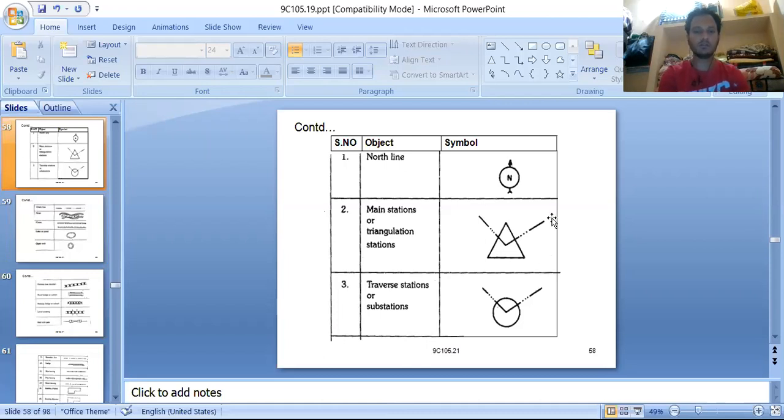So this symbol represents a north direction, which is a circle denoted by an arrow. We have main stations, which we have already discussed, denoted by a triangle. And tie stations or intermediate stations are represented by a circle or oval shape.